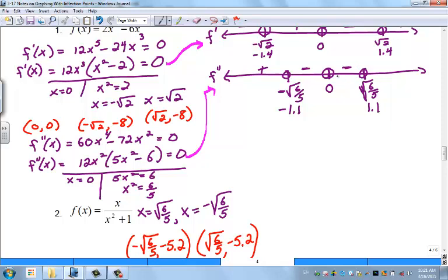So notice that 0 is not an inflection point because there is no sign change. And then finally, after 1.1, say 5, stick 5 in here, it's positive, stick 5 in here, it's positive, positive times positive gives you a positive. All right, so your IPs, or inflection points, happen here and here, not at 0.